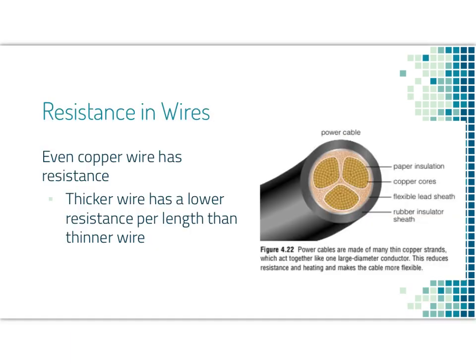Resistance in wire. So even copper wire, which is very conductive, has resistance. Things to note is that thicker wire has a lower resistance per length than a thinner wire. So if we look at a power cable here, a power cable is surrounded by a rubber insulator on the outside so that electricity is not conducted to anything we are able to touch.